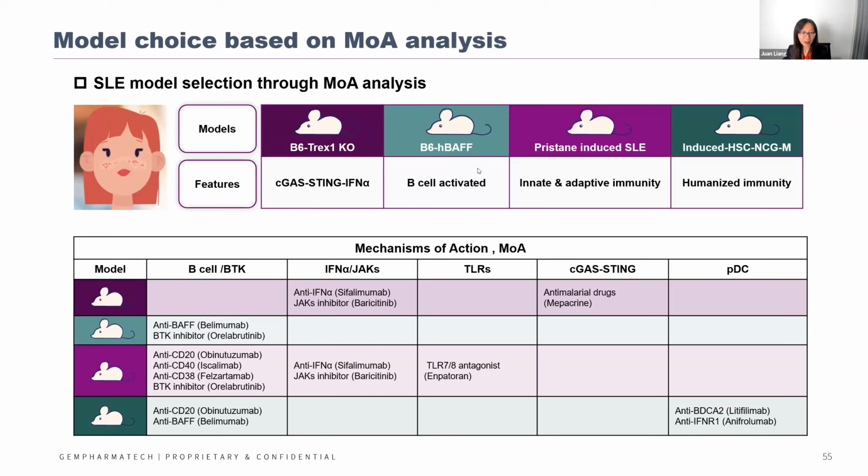The humanized BAFF mice is characterized with activation of B cells. The pristane-induced SLE model shows activation of innate and adaptive immune systems. And the induced-HSC-NCG-M mice has the humanized immune system, and it also has the activation of pDC.